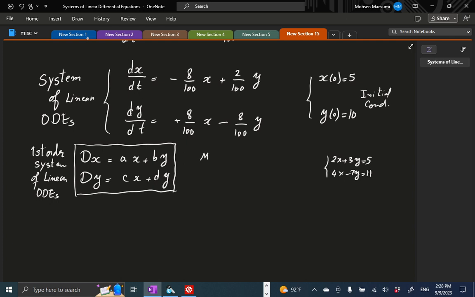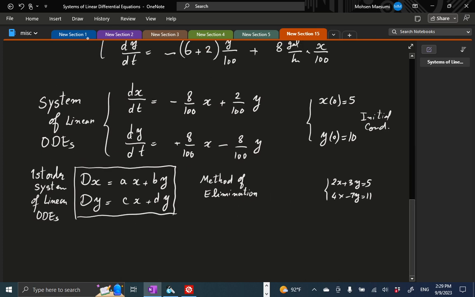So we are going to use the method of elimination, and again, you might come across many other methods in different courses. Okay, now let's go ahead and attack this problem.